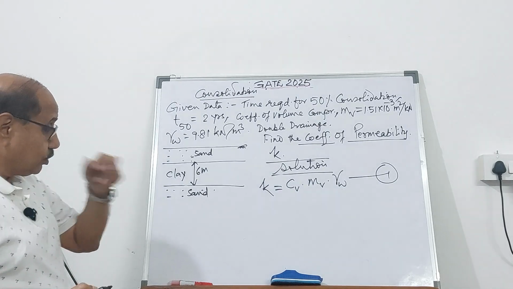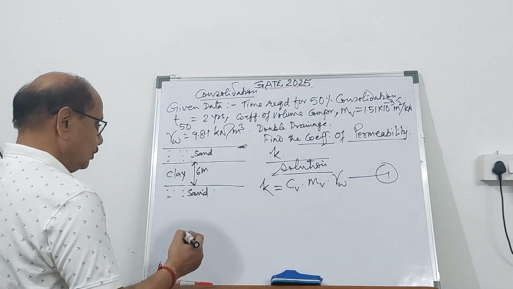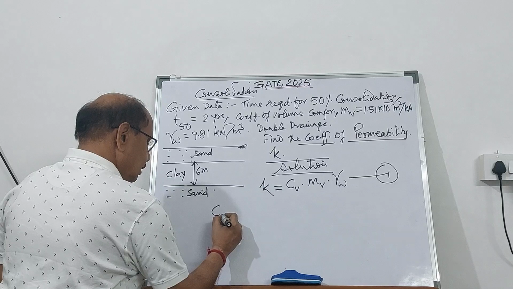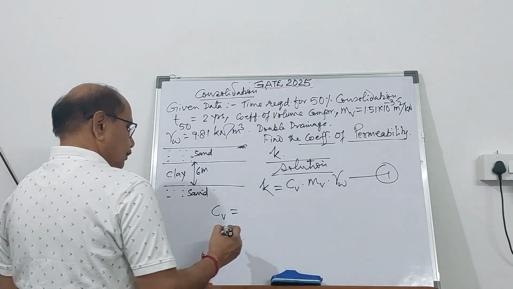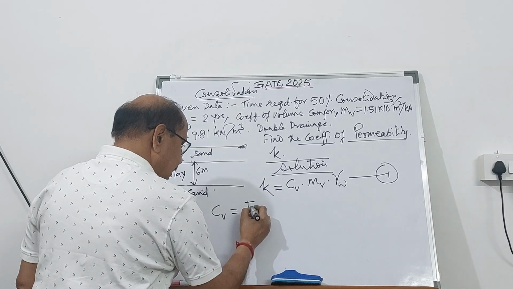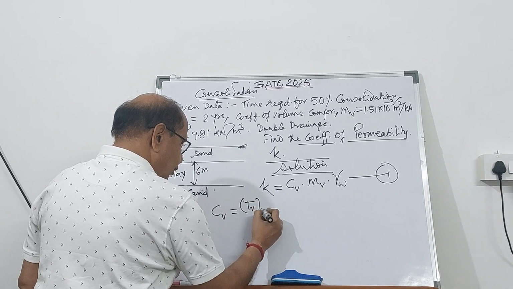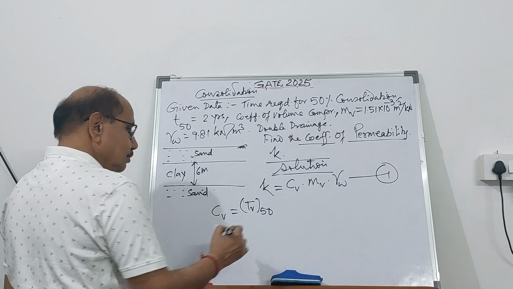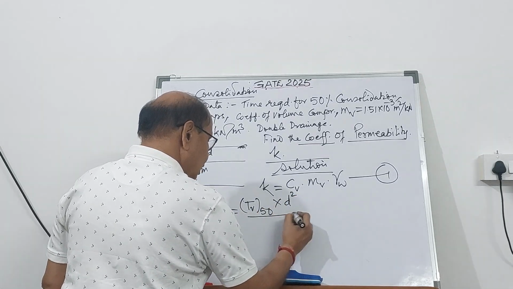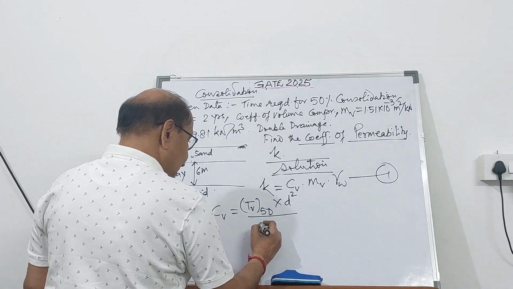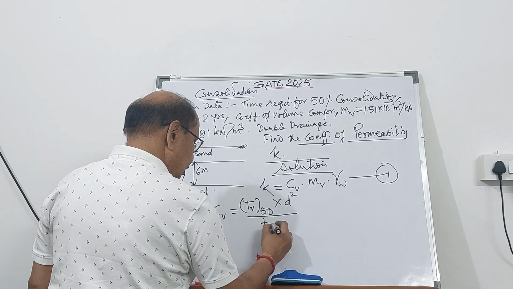Now, how will you find out the coefficient of consolidation, CV? It is going to be the time factor TV for 50% consolidation into drainage path d square divided by T50.